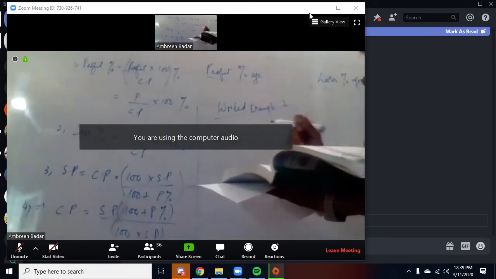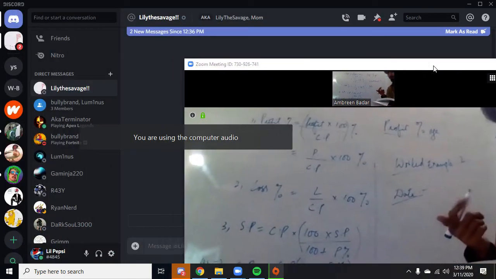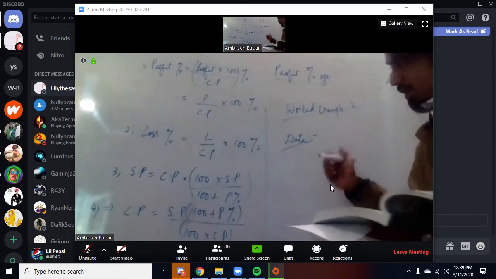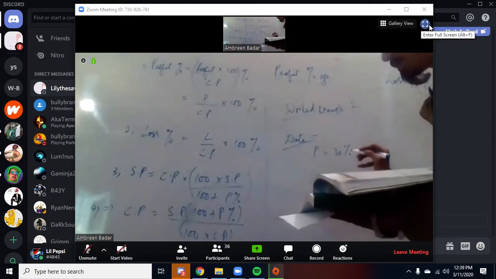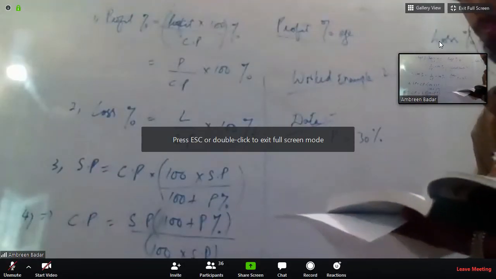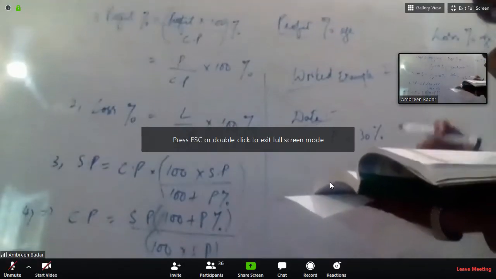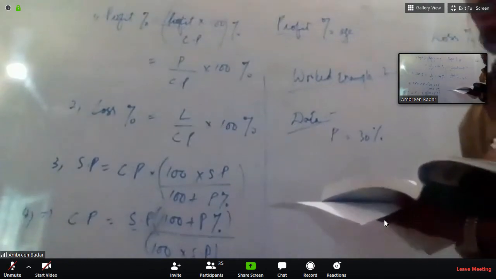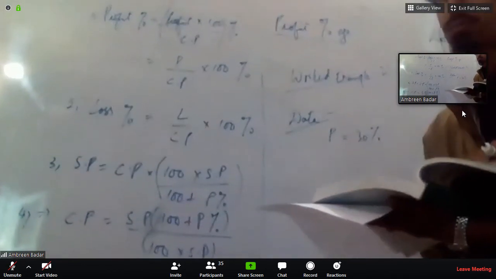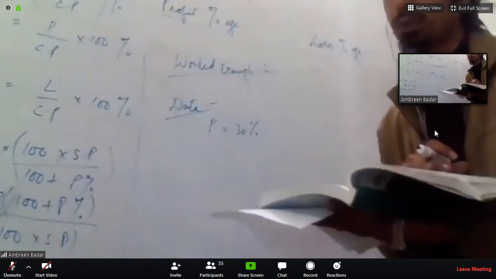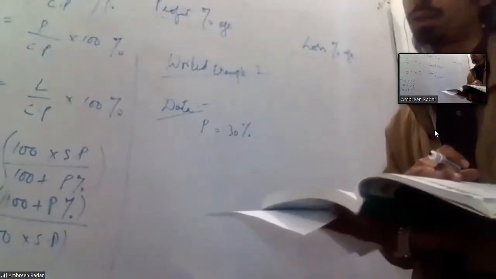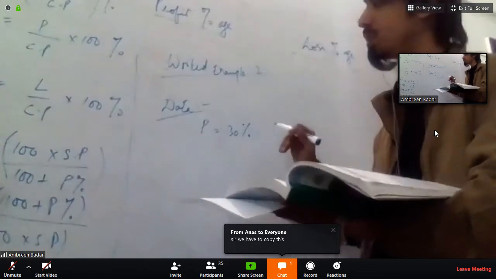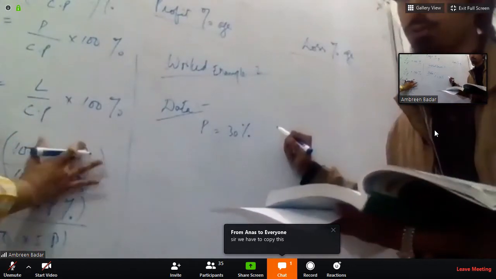On the cost price. Gain, what does the word gain mean? Profit. So the profit is given as 30%. Whenever profit is discussed, you have to keep one thing in mind, as I told you earlier: you have to see whether the profit is given according to the cost price or according to the selling price.